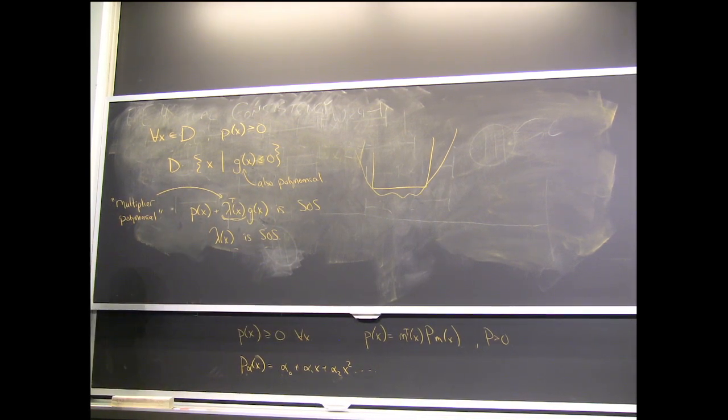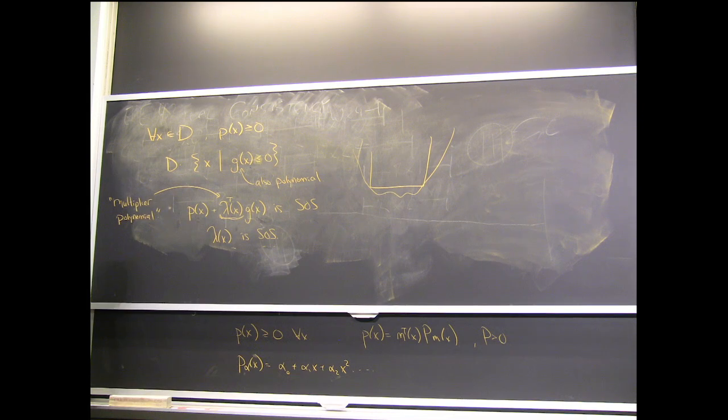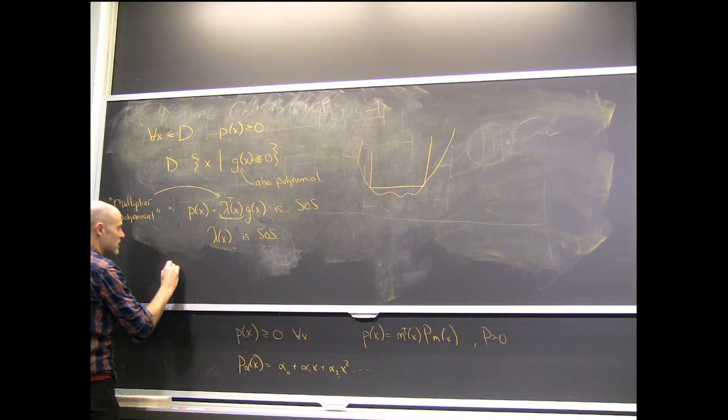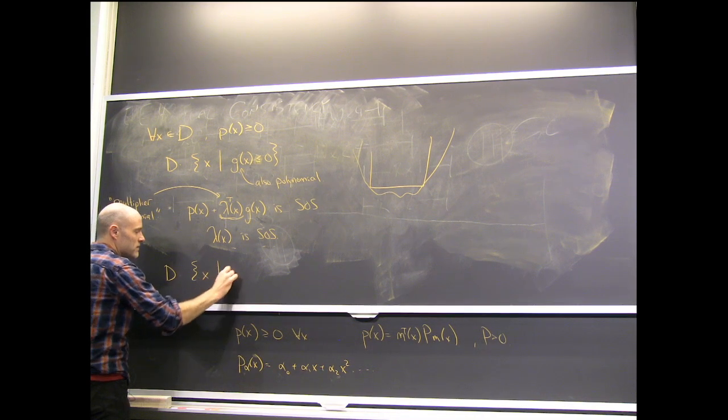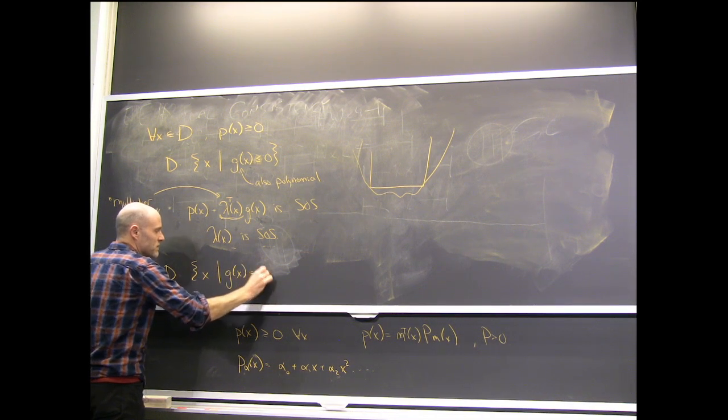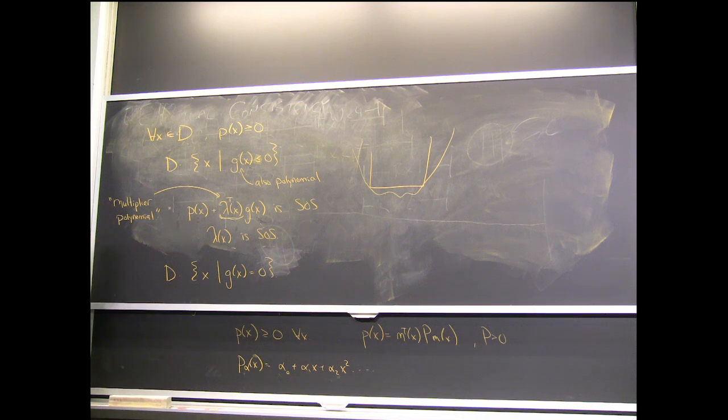It's an interesting case. What if I wanted to live on a manifold? What if D was defined as g of x equal to 0 instead? This is a related separate case.